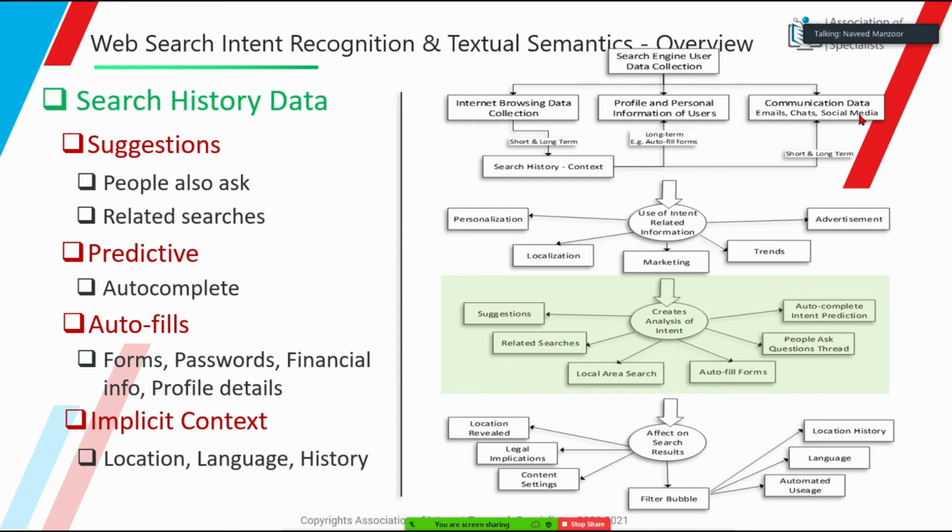Then you've got communication data like emails, chats. Emails, by the way, are not really tapped into as individual emails, but rather certain attributes or certain types of elements that give a view or a picture to Google in a certain way, which we are not going to discuss right now. But just to give you a broader idea, it creates an ontology. That means it creates a relationship.